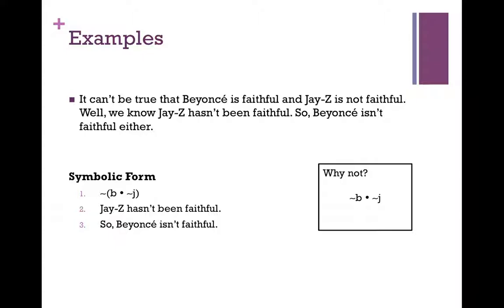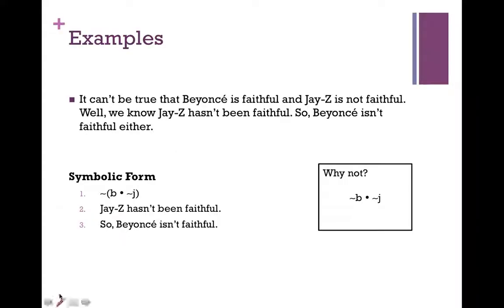One way you might look at it is you might just read it and say, it can't be true that, and then you see all of this right here: Beyonce is faithful and Jay-Z is not faithful.